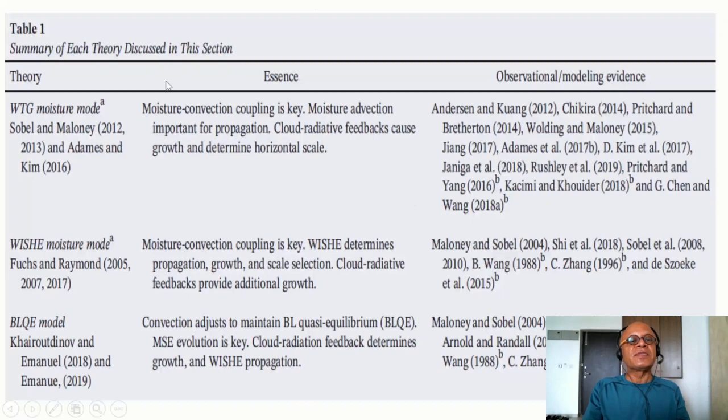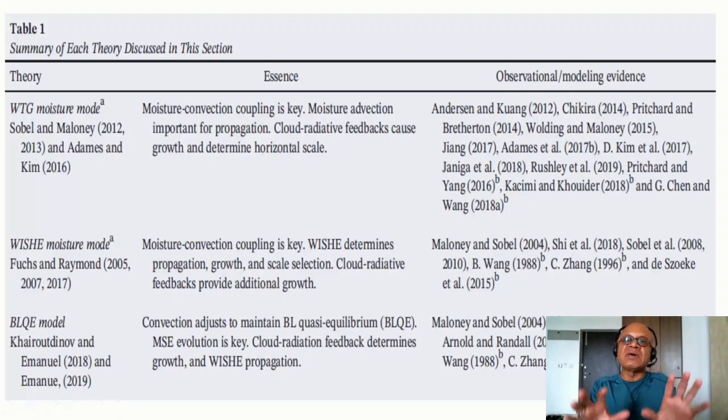Okay, so here is a summary of each theory discussed in this section: the theory, the essence of the theory, and the observational and modeling evidence given in these papers, which we will not go through. So this is called a weak temperature gradient moisture mode.